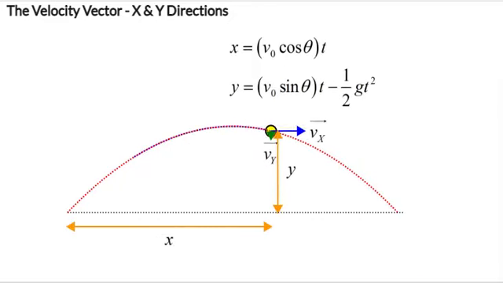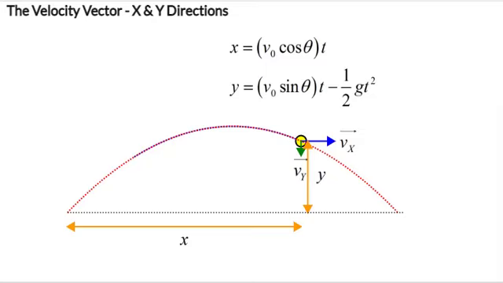Also, we have been able to mathematically establish the x displacement and the y displacement at any given time. The x displacement is v0 cos of theta times the time, t, and the y displacement is v0 sine of theta times t minus half gt squared.